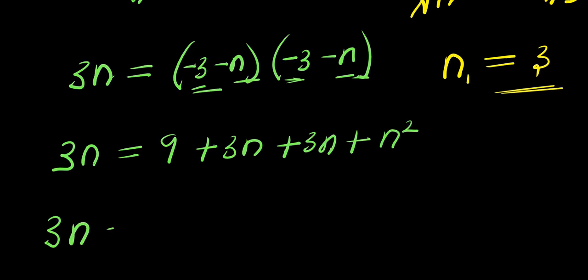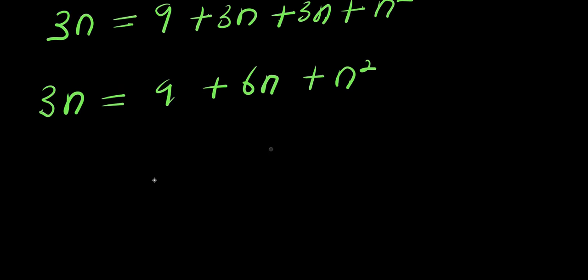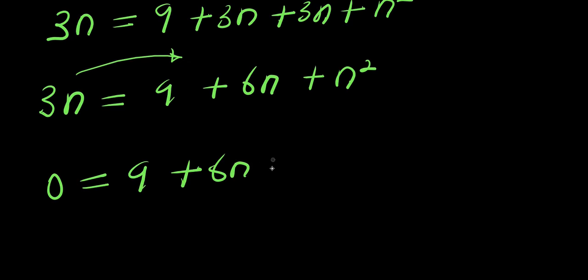We have 3n equals 9 plus 6n plus n squared. From here, I move this over here. I have 0 equals 9 plus 6n plus n squared minus 3n.